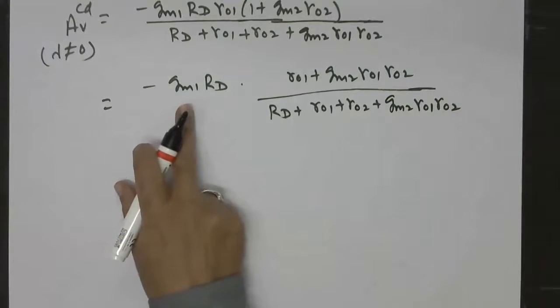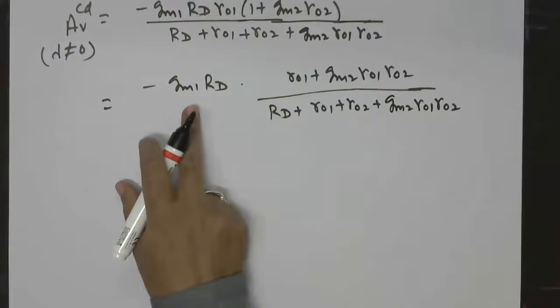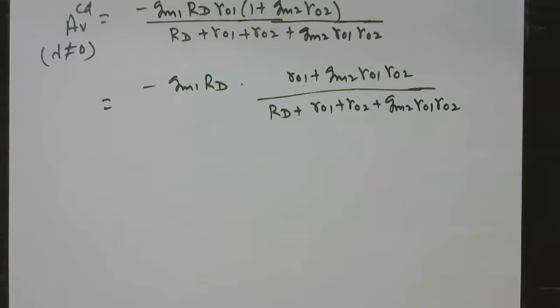This is the gain of, of course, the ideal current common source amplifier when we do not have lambda included there.